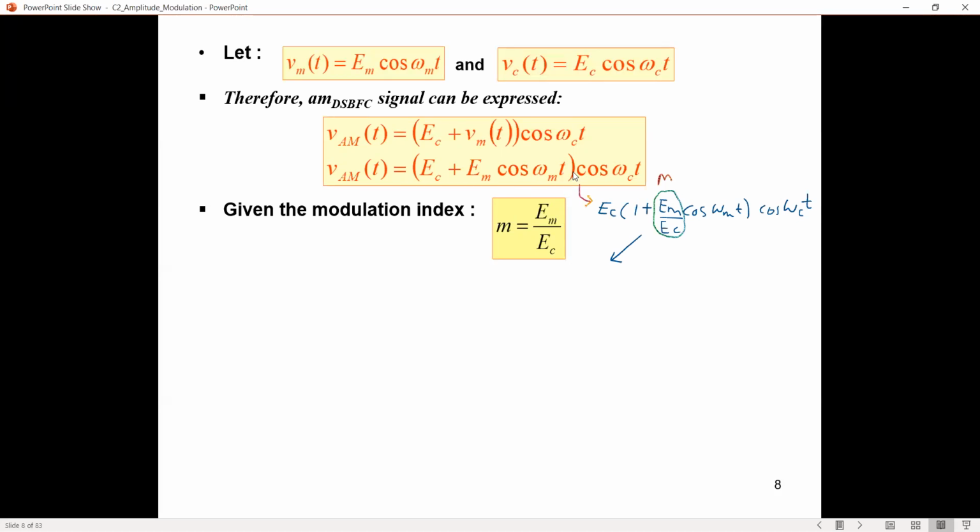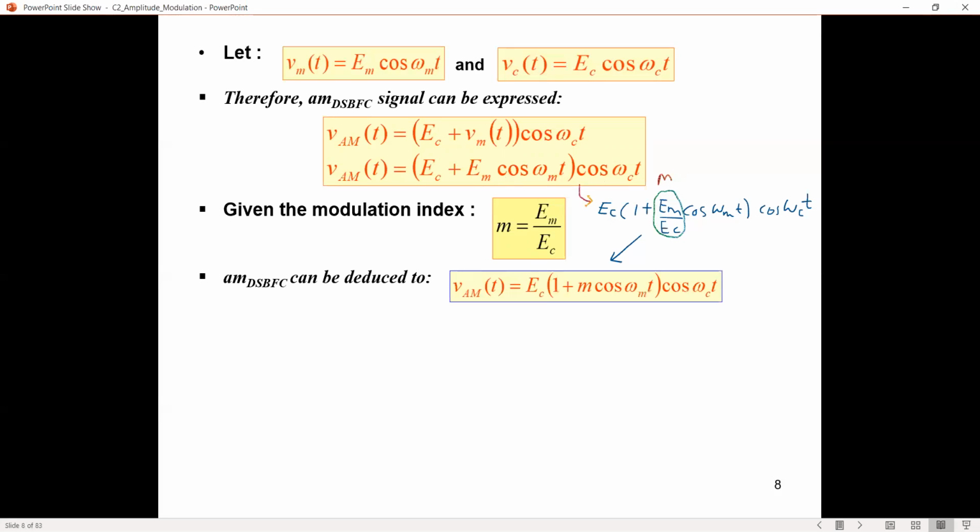If you factor EC outside, we can have EM over EC for the cos omega MT term, and this can be represented by using m. So it becomes EC in brackets (1 plus m cos omega MT) times cos omega CT.